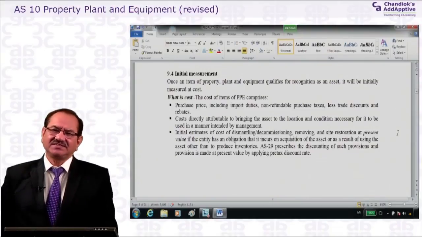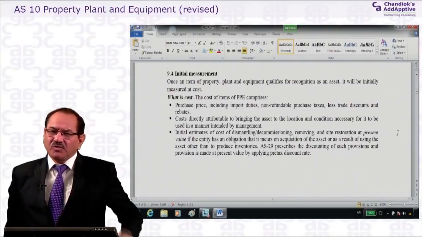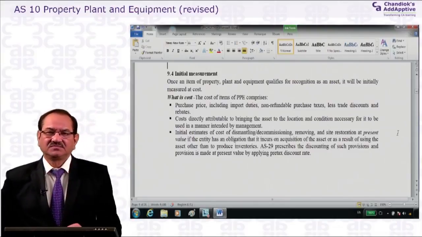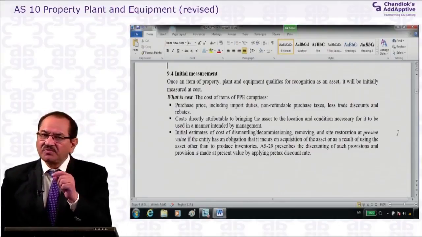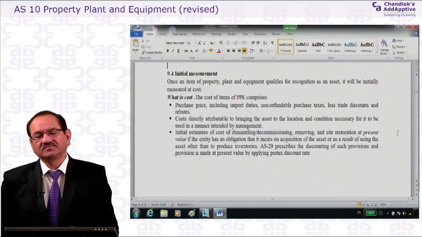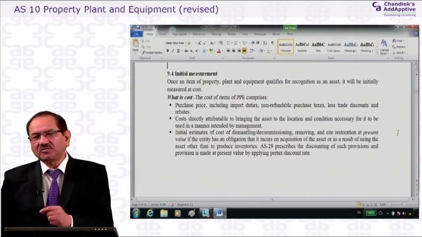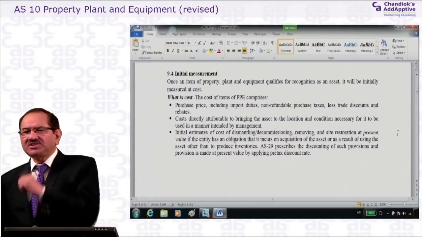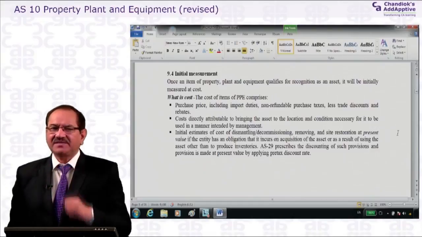The question arises, what will happen to that 10 crores? Is it a cost of that project, that factory? Whether the cost of the total factory and plant and machinery should be taken as 50 crores or 60 crores, because 10 crores will be added.